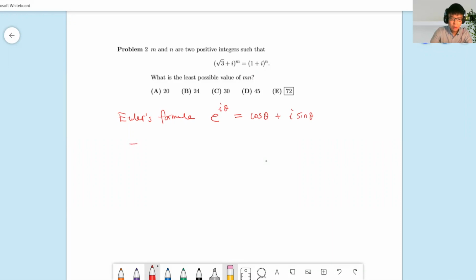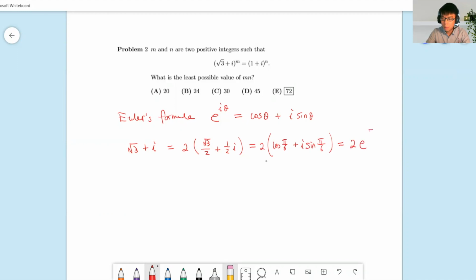Notice that root 3 plus i, we can factor the modulus 2 times (root 3 over 2 plus 1 over 2 i). And this corresponds to twice (cosine pi over 6 plus i sine pi over 6). And accordingly, this equals twice exponential pi over 6 i.